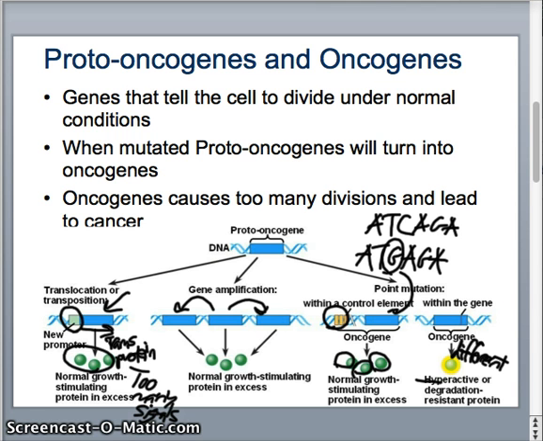So instead of this protein causing one signal, this one will cause maybe 5 signals to divide. Or this one, degradation resistant, means the protein doesn't break down, so it keeps causing those signals. While this isn't going to be a main focus here, I just wanted you to understand that if you didn't already. But the key thing is proto-oncogenes turn into oncogenes and cause too many cell divisions.